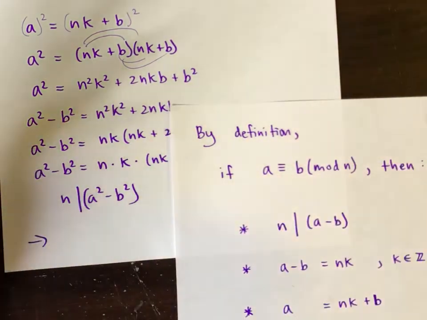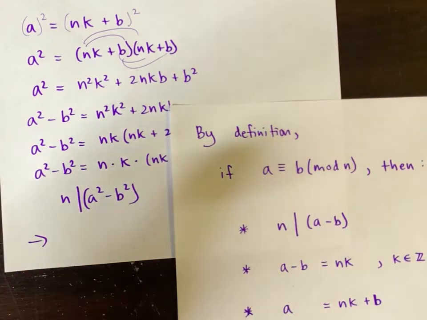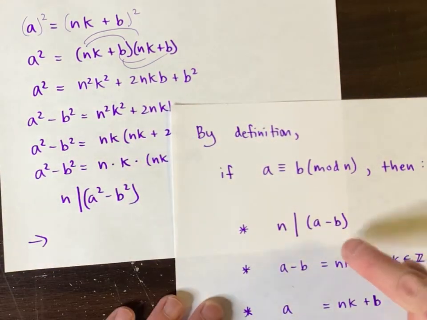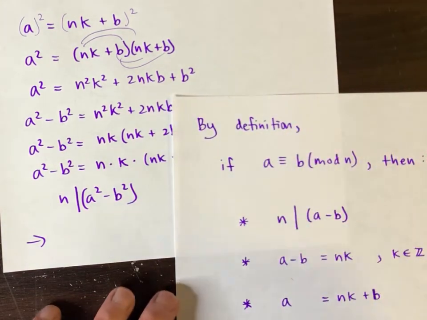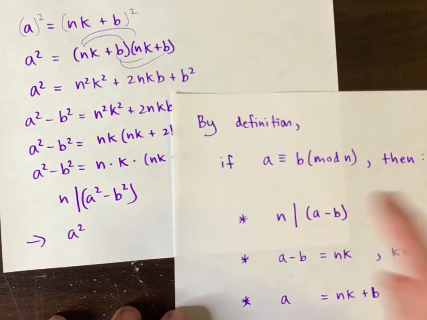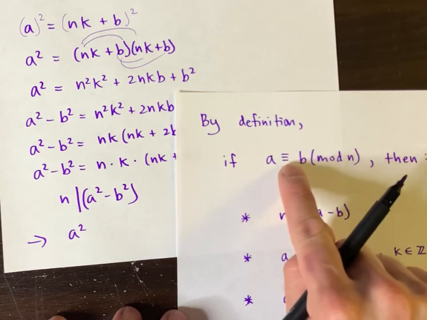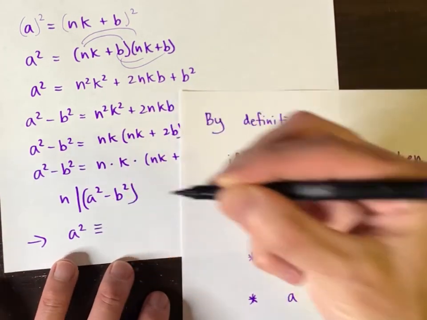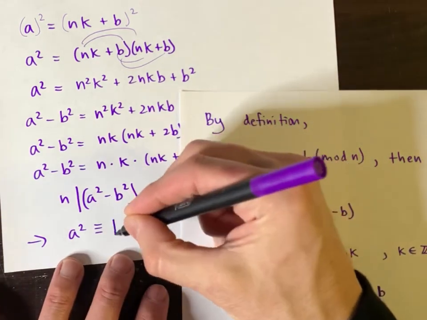So what I want you to see is that this here looks just like this. It has the same structure. It's slightly different, but that doesn't matter. What matters is it has the same format. So I'm going to go from here to here, but using these values. So placing things in the correct spot, here is what we should get. We should get a squared, that's there. This guy went there, so this guy goes here. And then congruent. And up next, I should write whatever this object is, which for me is going to be b squared.